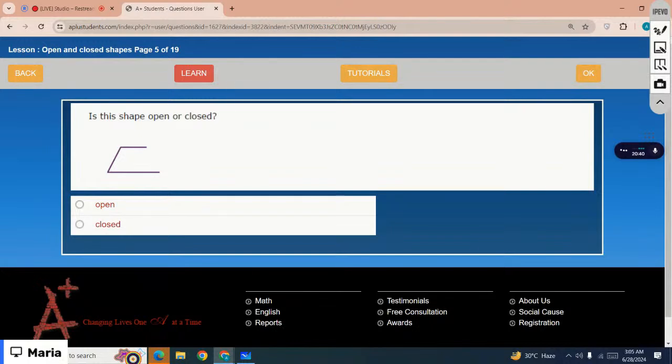Is the shape open or closed? Yes, open it is. The correct option is open.